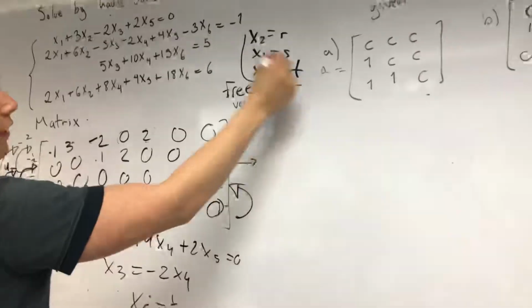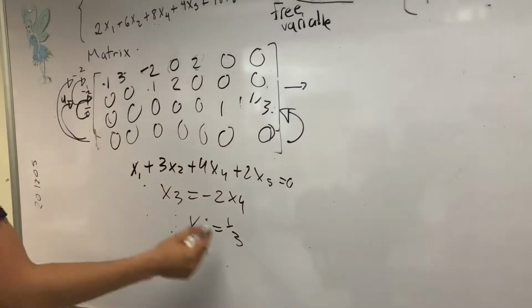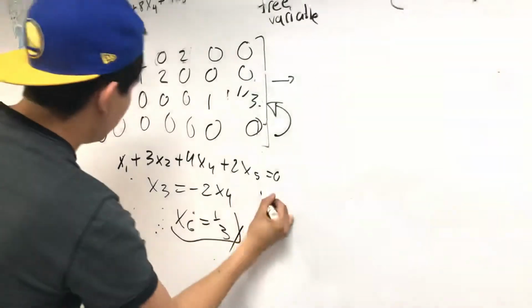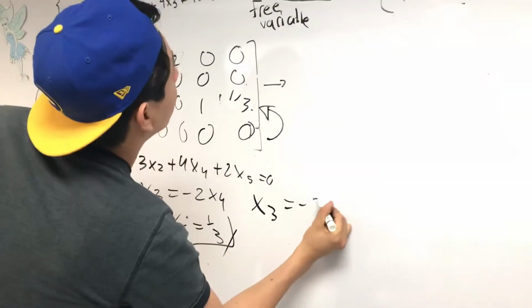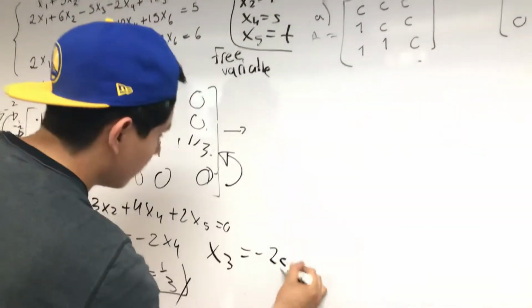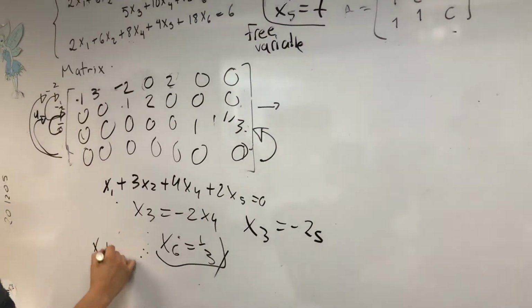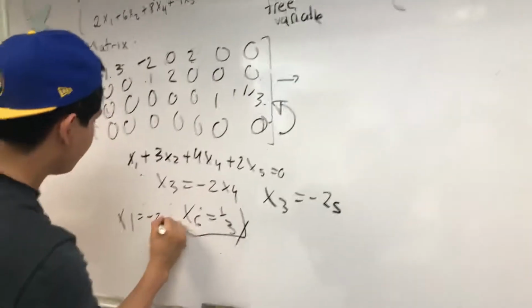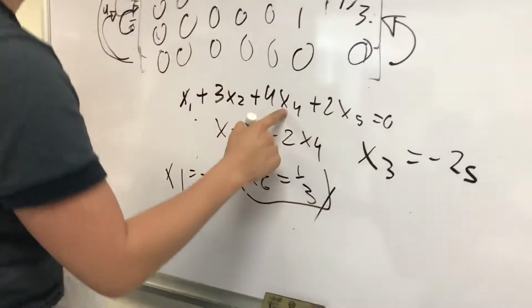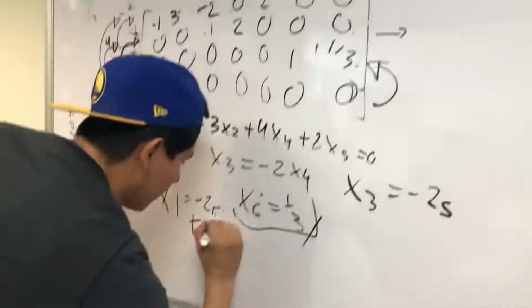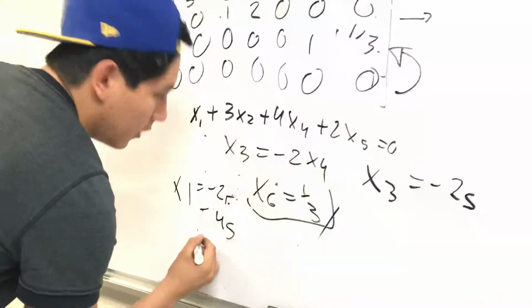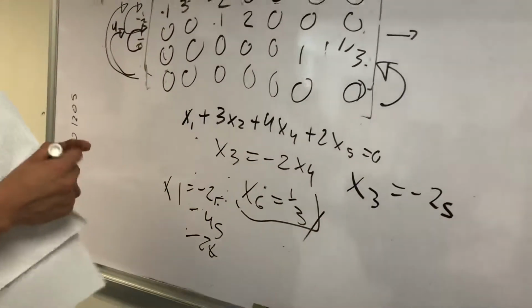This is our solution for x, and we just substitute: x6 is 1/3, x3 is minus 2s, and x1 we move everything over, so it will be minus 3r minus 4s minus 2t. So that's our result for this problem.